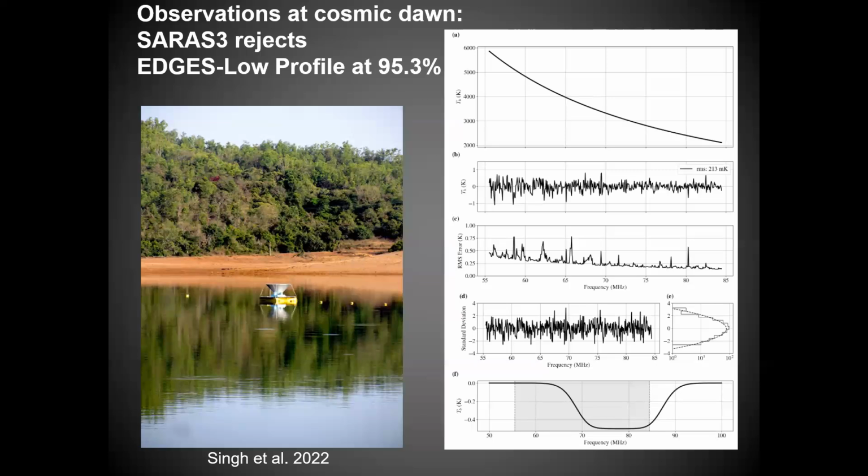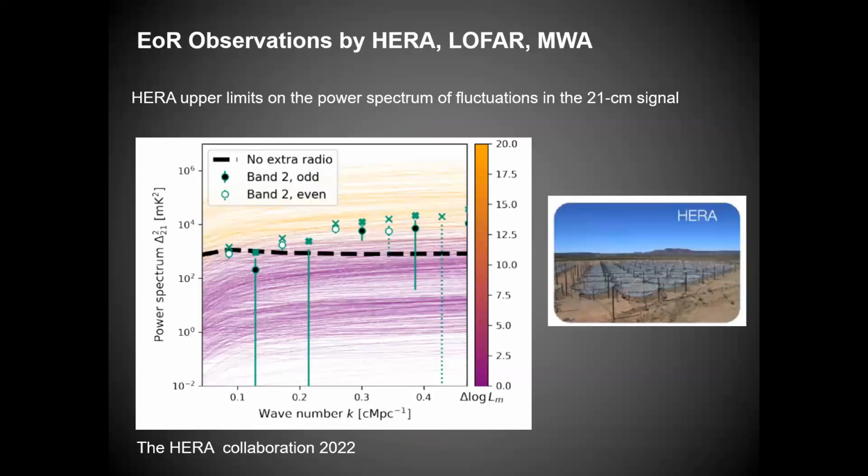So just a year ago, basically, they published that they haven't seen the signal. And it's a 95.3% disagreement with EDGES. So this is one of the biggest kind of excitements that happened recently in this field.